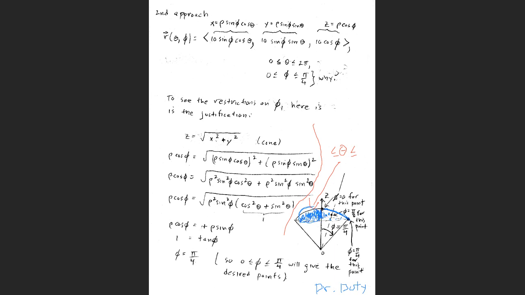Phi goes between 0 and pi over 4. But what would theta be between, just for this half of the surface? And pretend that the x-axis is coming out directly at you. Pi to 2 pi. That's right. Pi to 2 pi. Good, Ellie. Good.